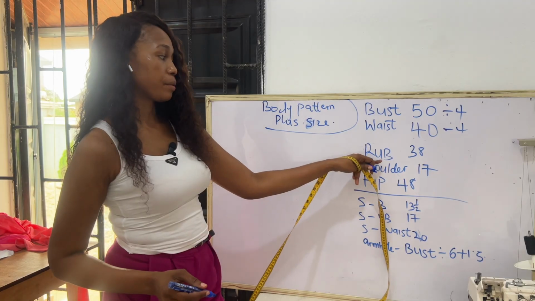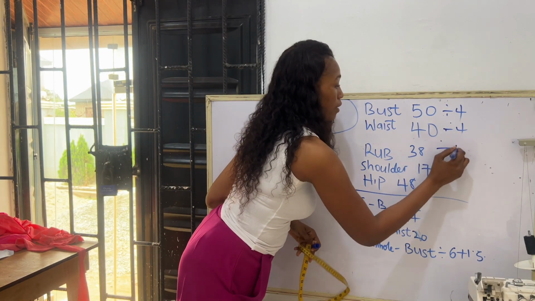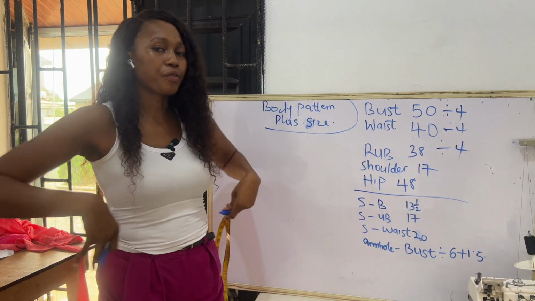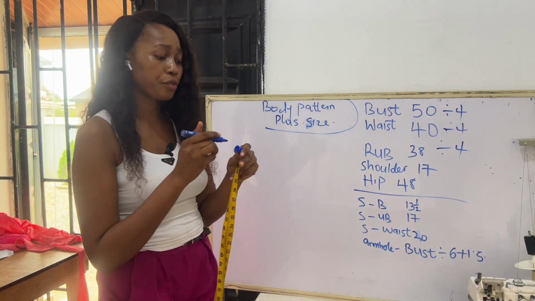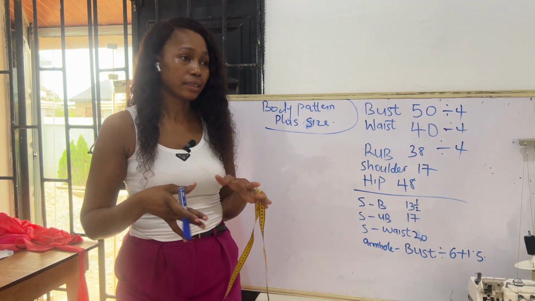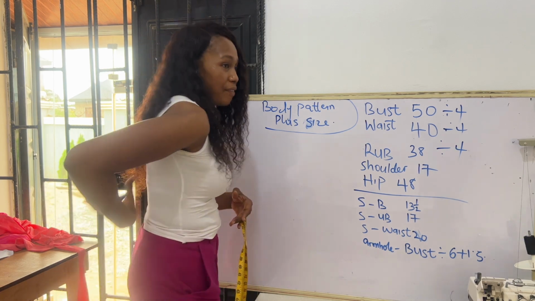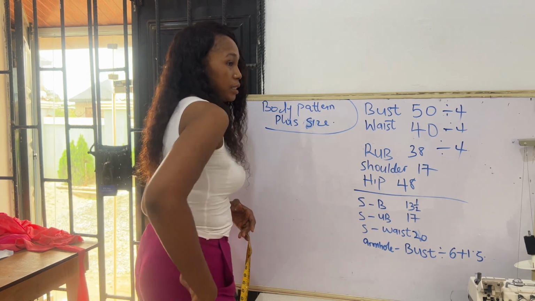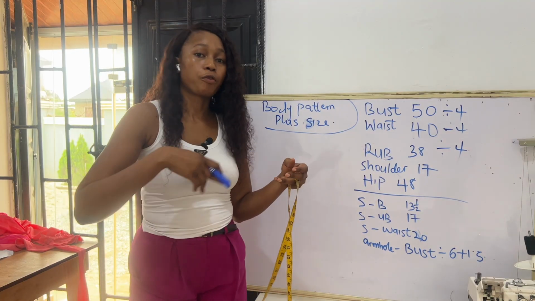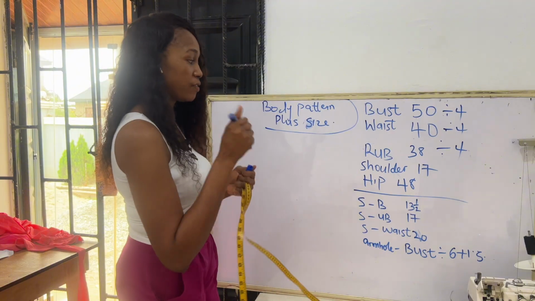Round your underbust, RUB is round underbust, should be divided by 4. Whatever you're taking round should be divided by 4. The reason is that in the pattern we have half of this place, half of this place, half of the back and half of the other side. That is, you're taking the full measurement, so it should be divided by 4. 1, 2, 3, 4.